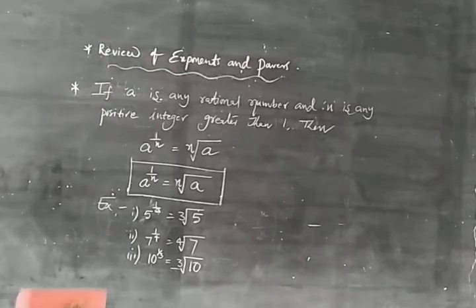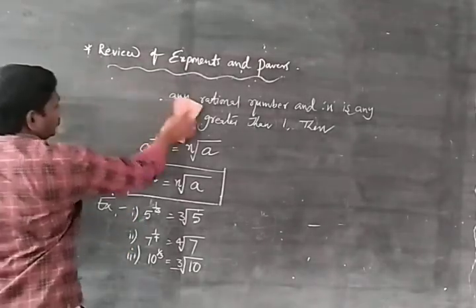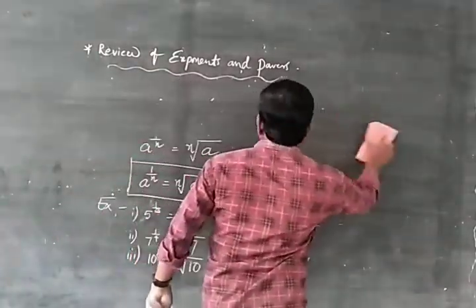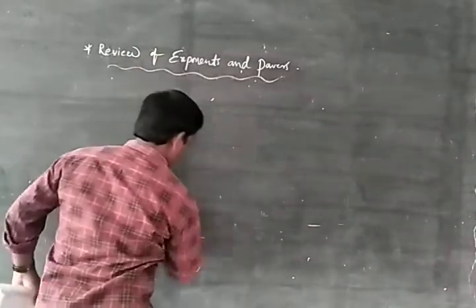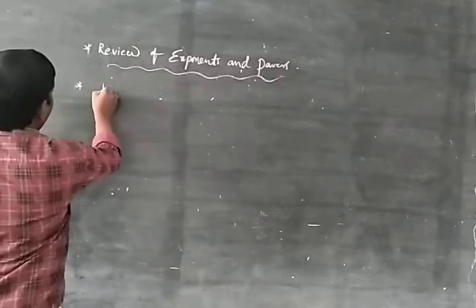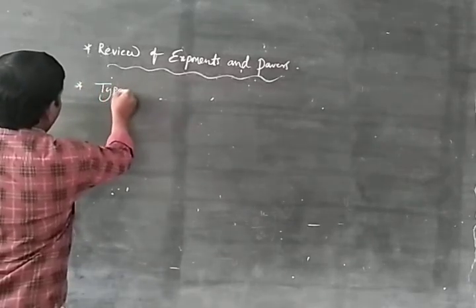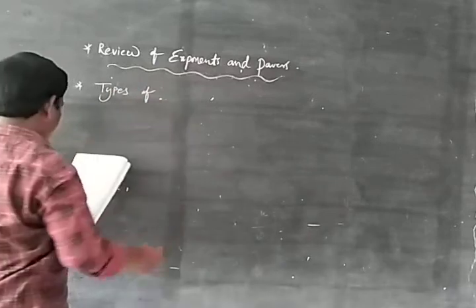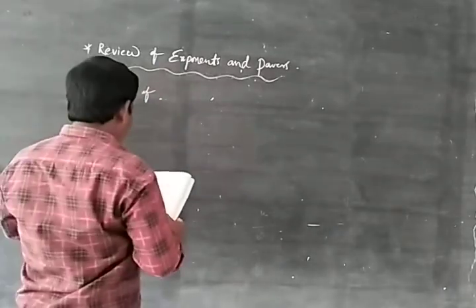Okay, next one. Now types of rational exponents.